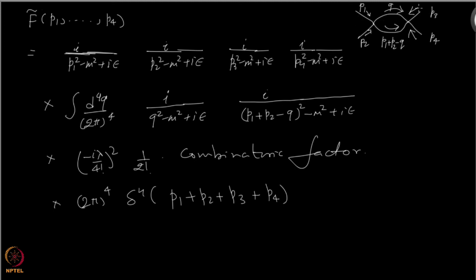Okay. So because right now in the diagram we have everything entering, the sum should be 0. If I had drawn the p3 and p4 lines going out, if I had arranged it that way, then you would have gotten p1 plus p2 minus p3 minus p4. That would mean p1 plus p2 is equal to p3 plus p4. But because everything is ingoing right now in this diagram, you have the sum of all momenta entering to be 0.